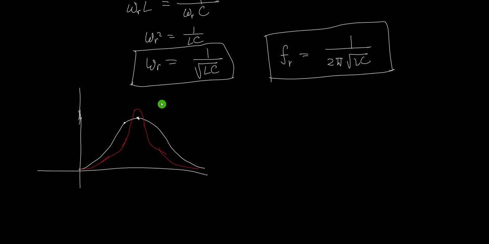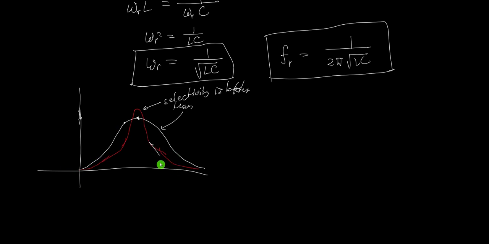So this means the selectivity of this one is better than this one, or the white one, this curve. So the selectivity of the red curve is better than the selectivity of this white here.